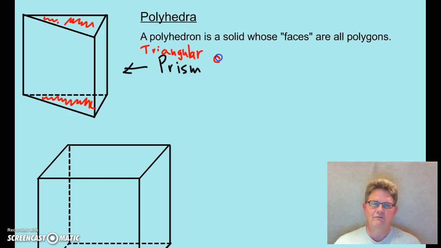Those congruent faces, we are now going to call them bases. Alright? Those are the bases, the congruent faces. So the base of the prism is how you name it. And then it will have lateral faces.